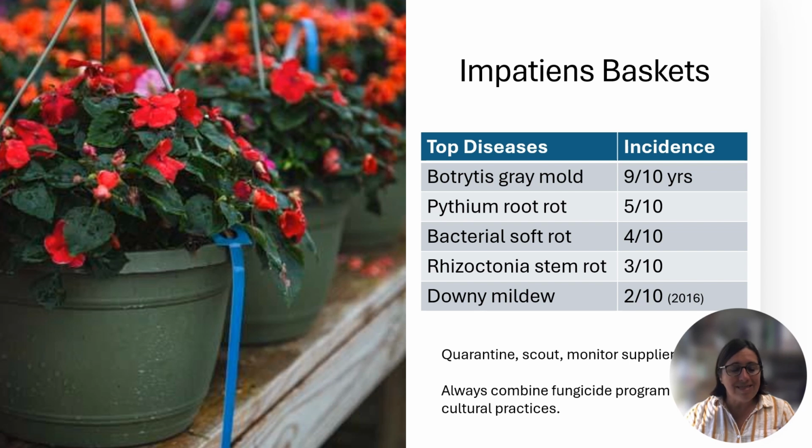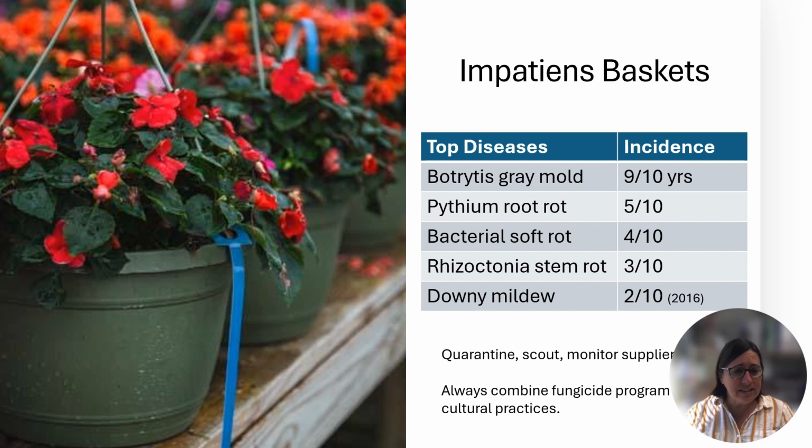Rhizoctonia stem rot, that one I think came in a few years because I didn't do a good job disinfesting between crops. 3 years out of 10, but I did lose some profits. And then finally, impatiens downy mildew, 2 years out of 10, but I haven't seen impatiens downy mildew since 2016. So not a top priority for me right now, but I've seen what it can do. It can cause devastating losses.